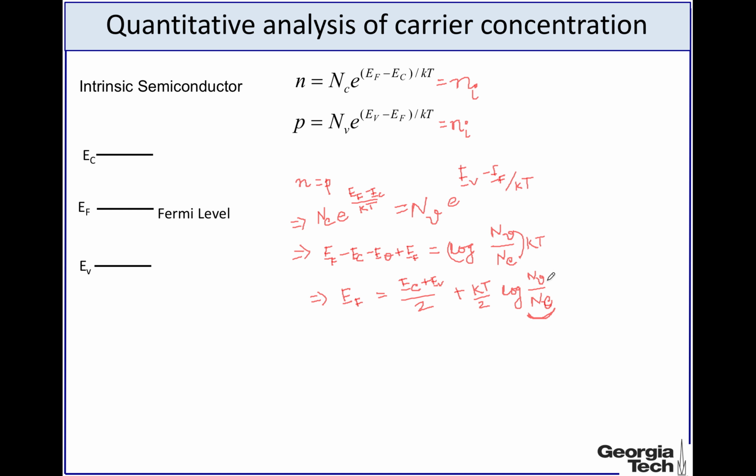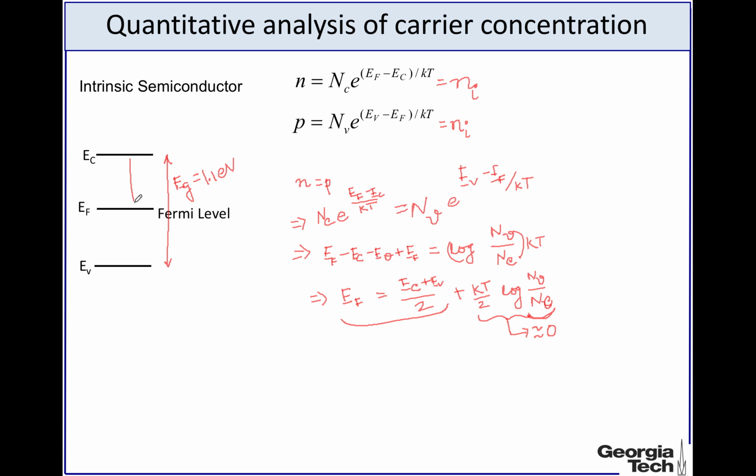Now Nv and Nc, although they're a bit different, are almost at the same order of magnitude. So this log term is a very small number, and we can consider it almost equal to 0. So, at least for this class, EF equals (EC plus EV) over 2, which means that EF is halfway between EC and EV. For silicon, EC minus EV is the band gap, which is around 1.1 eV.